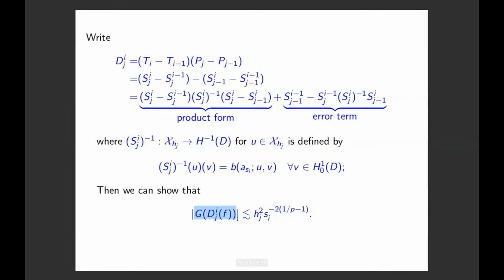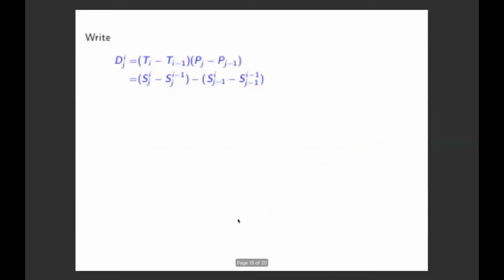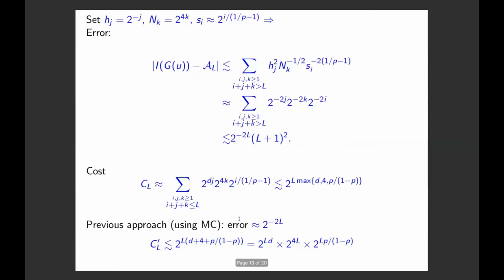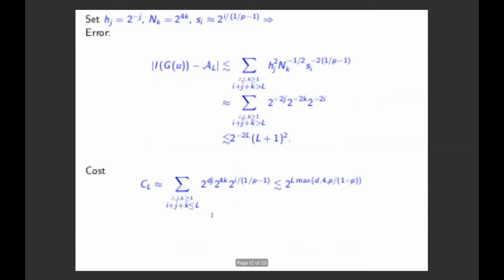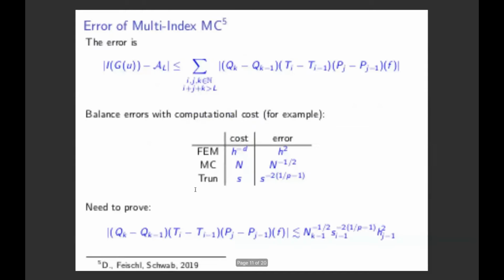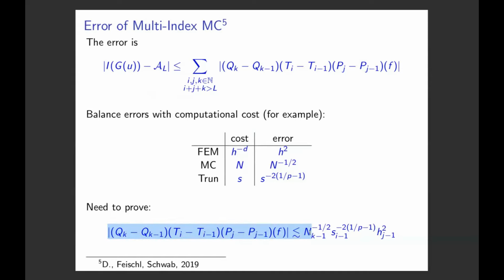So that means it's quite technical to obtain a bound of this form, but it means that we finally get the error bound which we wanted, which is of this form here.